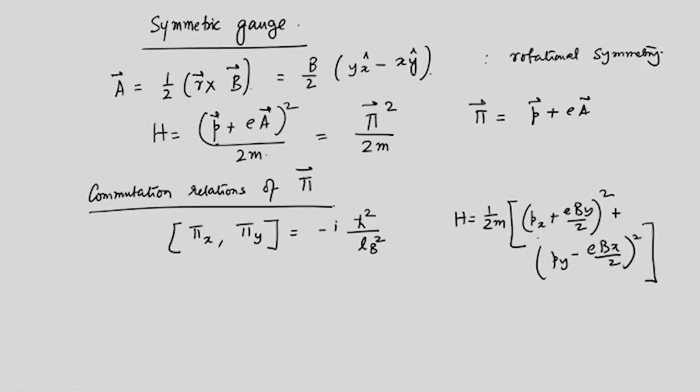So, the pi x and pi y are these, and you can check that these obey a commutation relation, which is i h cross squared divided by L b squared, where L b is nothing but the magnetic length that we have seen several times earlier. Okay. So, this is equal to h cross over eB. This pi basically gives a new set of canonical operators which obey certain commutation relations, which are shown here.